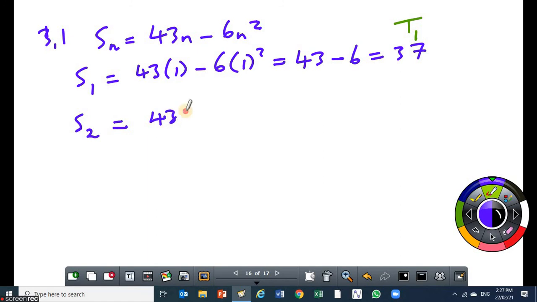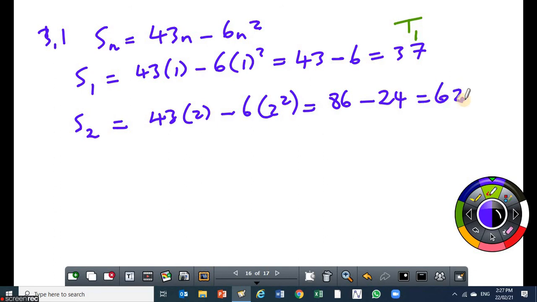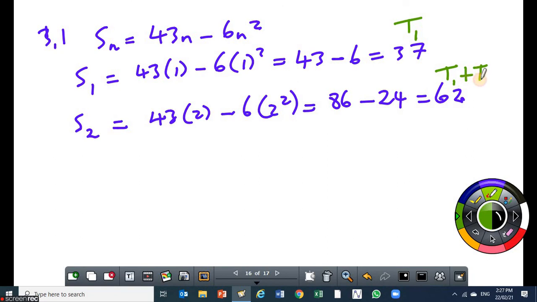Where there is n, you put 2: 43 times 2 minus 6 times 2 squared. This gives you 86 minus 24. So the total, 86 minus 24 will give me 62. This 62 is equal to T1 plus T2.